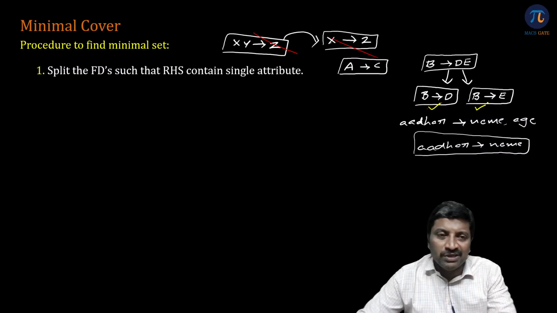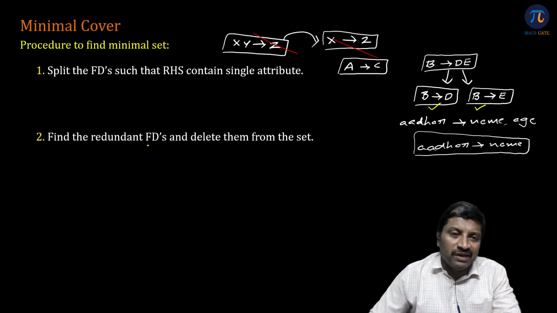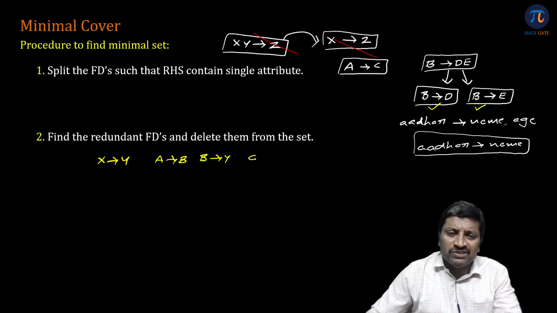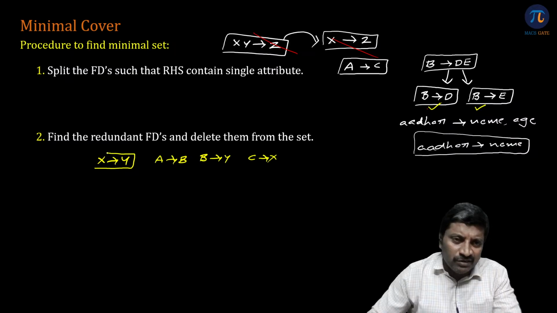What is the second step, sir? Find the redundant FDs and delete them from the set. What does it mean? Suppose I have x implies y, some a implies b, some b implies y, something like some c implies x. Suppose I want to verify whether x implies y is redundant or not.